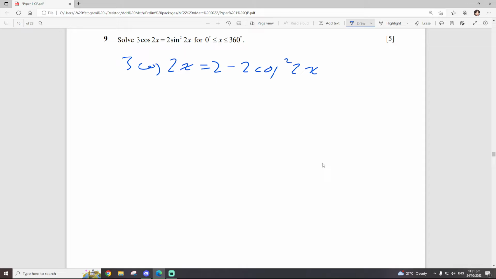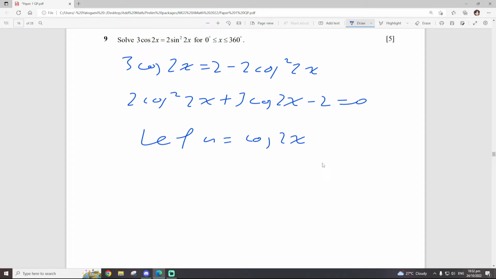Then I bring the left side over, so I get 2 cosine square 2x plus 3 cosine 2x minus 2 equals 0. One can make the substitution: let u equal cosine 2x, and you'll get 2u squared plus 3u minus 2 equals 0.